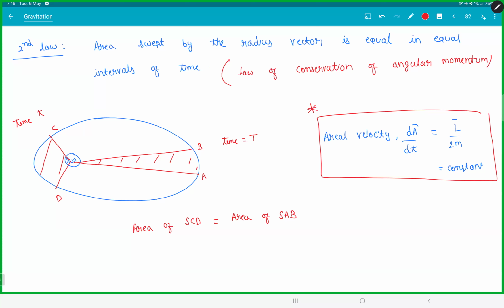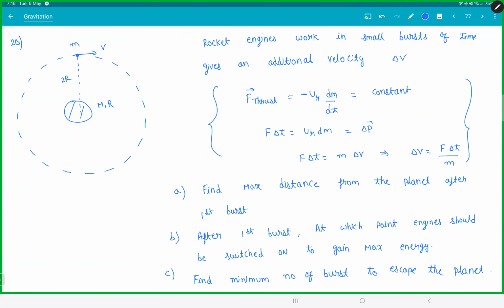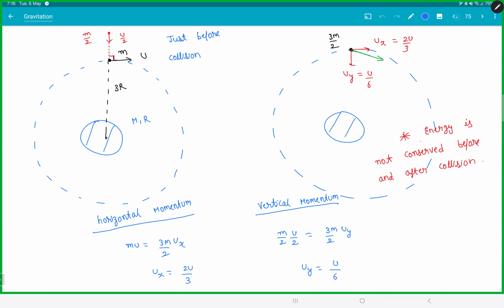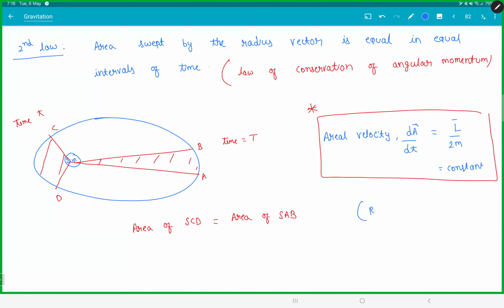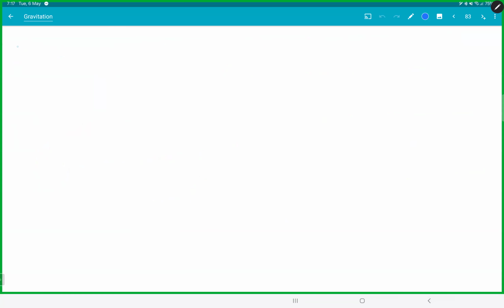That's why this is based on the law of conservation of angular momentum. The proof we did in this question, page 70. Clear idea?